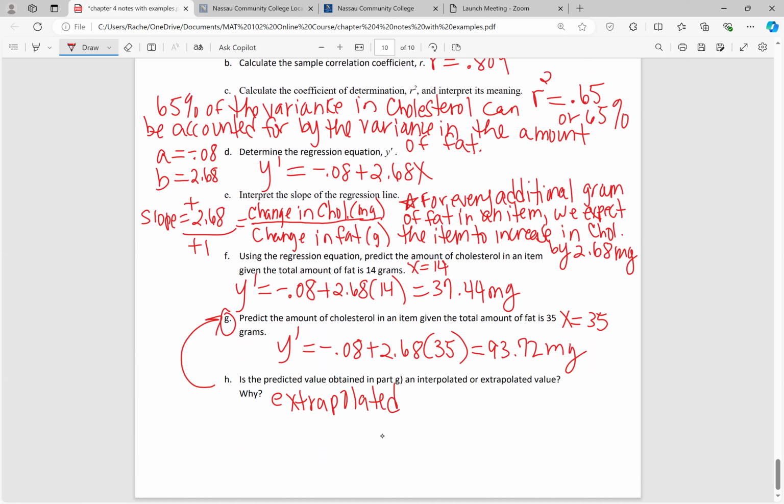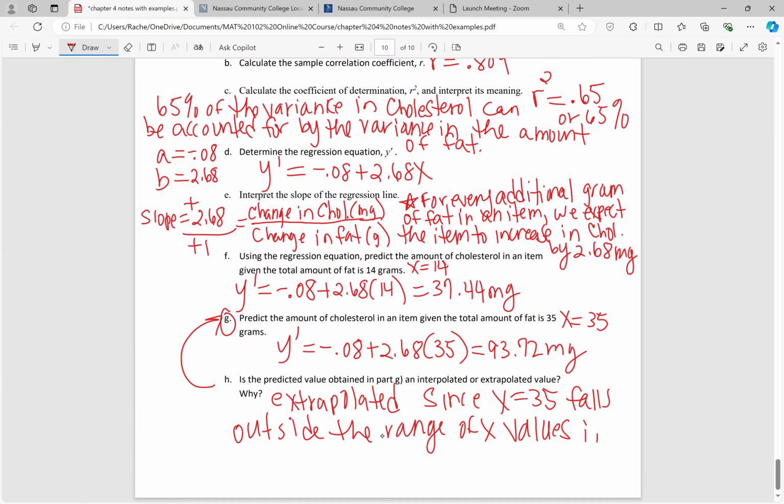So it's going to be an extrapolated value since x equals 35 falls outside the range of x values in our data set. So very similar to the last part of the question that we did in the previous video where I asked you to tell me if we had an interpolated or an extrapolated value.